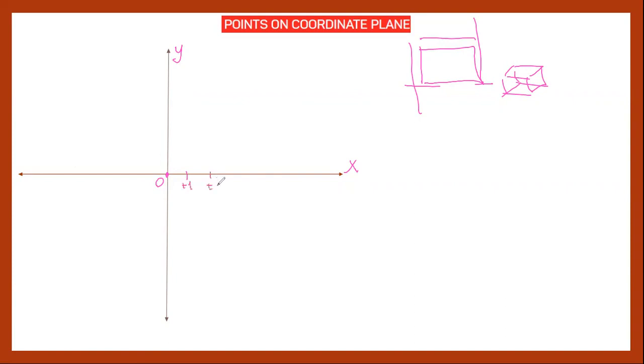You say +1, +2, +3, +4, and it goes like this to infinity. Infinity side is shown like this. If you put positive side there, it will be positive infinity. And on the left side, you go like this: -1, -2, -3, and it goes to infinity, negative infinity.